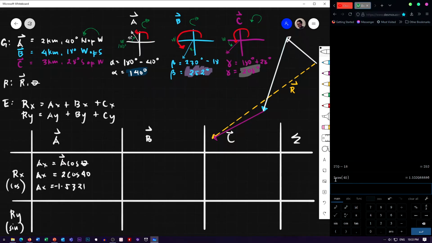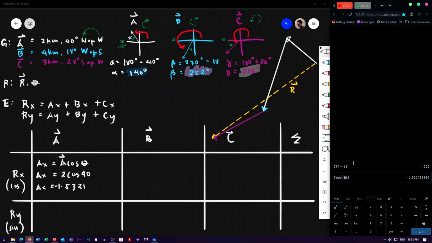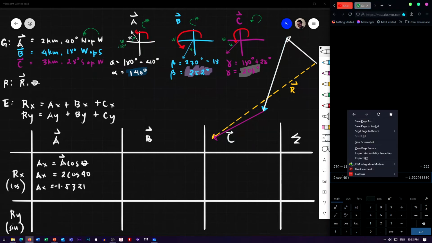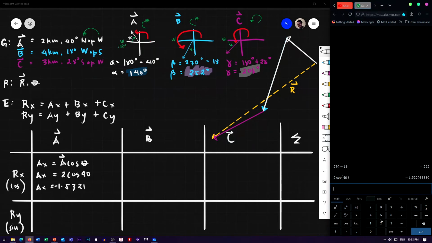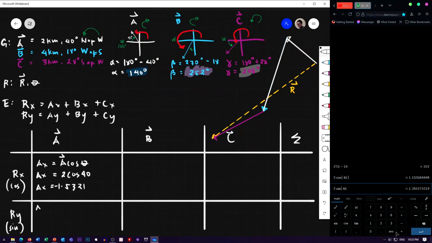All right, so let's repeat the process. This time, we're gonna have to answer the sign. Okay, 40 there. So I'm going to write it. So a sub y is equal to vector A sine, well, in this case it is alpha.